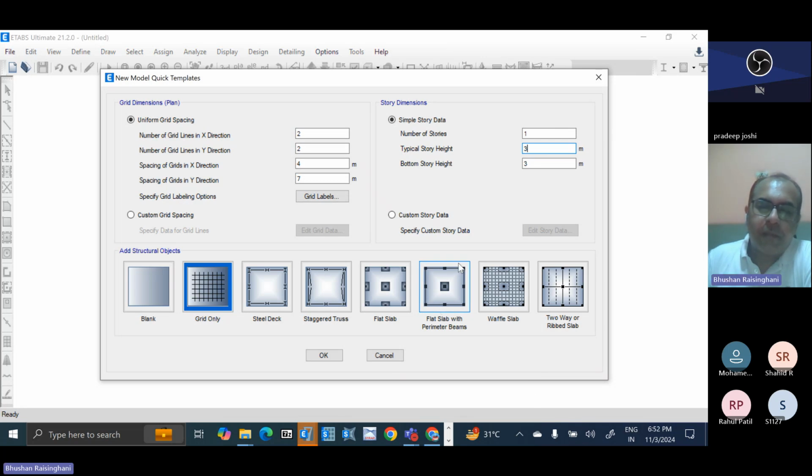So perimeter beam at the end of the building. This is the mandatory requirement. This all would be following. And this is general flat slab design, normal flat slab that we are doing like this. And flat slab with perimeter beam is the mandatory one. And again, a waffle slab can be used.